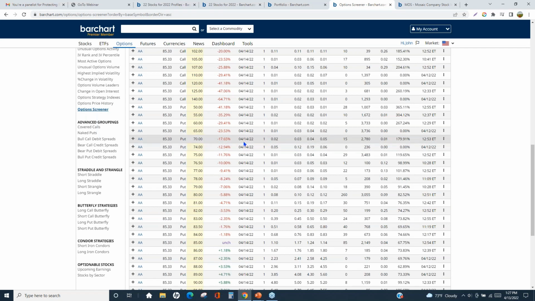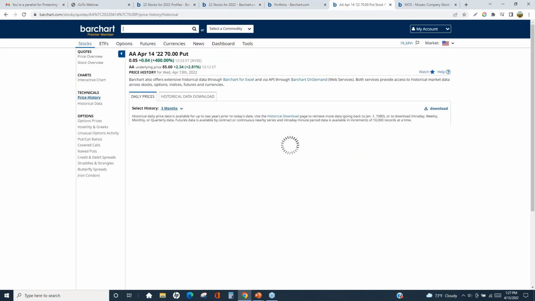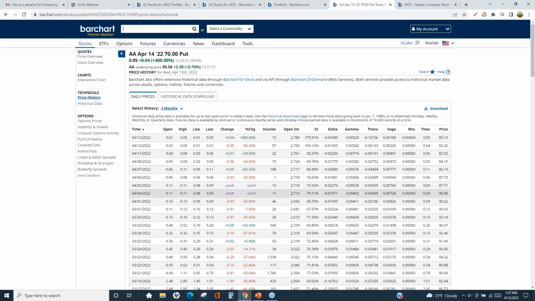Now today it's not worth anything, but if I go over here, the three dots, I go to price history, and I go back to March 21st, down here, you can see that that $70 put that we decided was too far away was only trading around 70 cents.